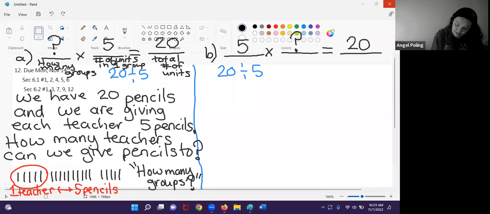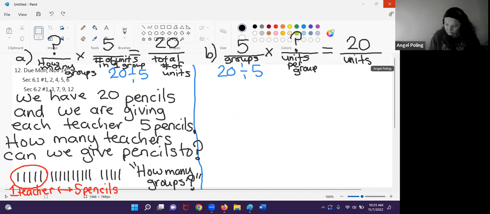So we know how many groups, so we have 5 groups. We don't know how many units are in one group, but we do know how many units we have. Okay, so this time around, we have 20 pencils.